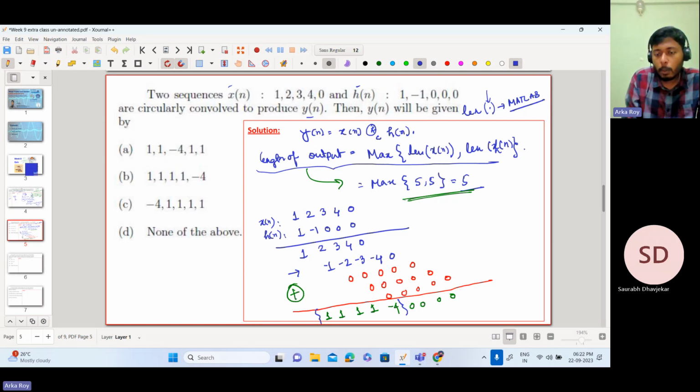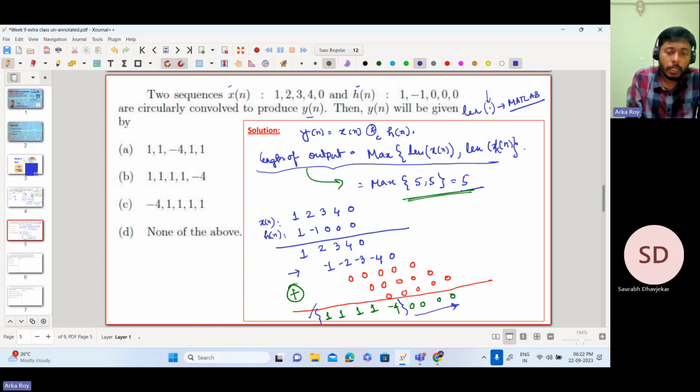And I can see some of the samples are left out. These are 0, so I can just ignore these components, and then I can declare, okay, this will be the result.